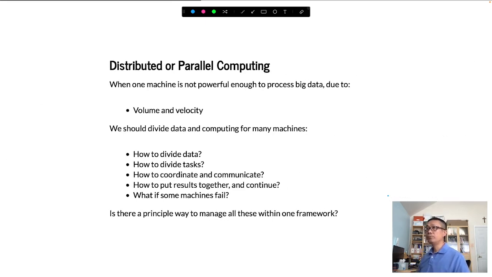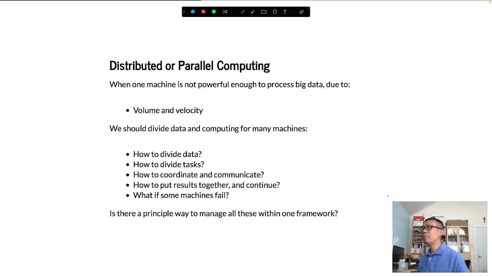Right? So for the volume and velocity of big data today, volume is about how big or the magnitude of the data that we deal with. Velocity is about the speed at which we have to be able to catch up with the data that is constantly arriving, right?